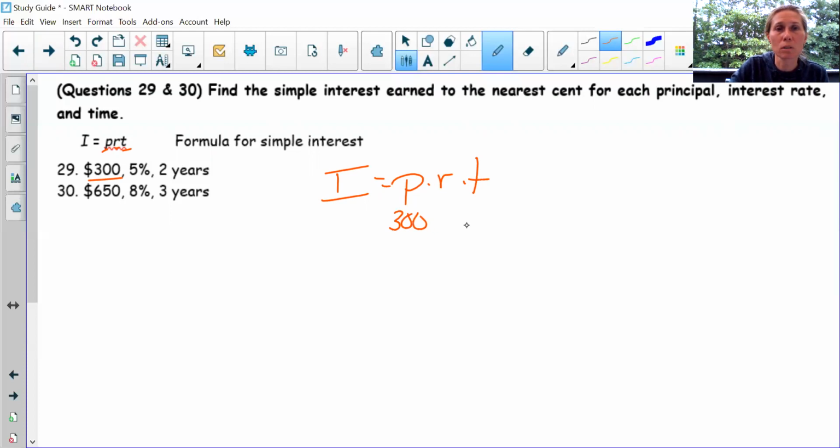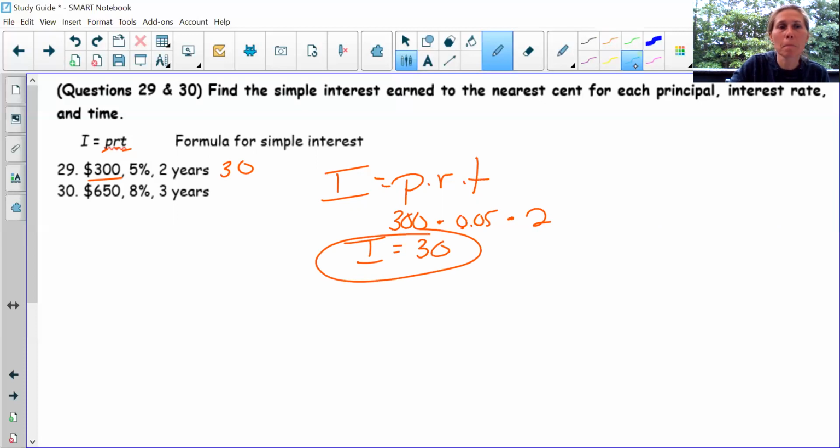Your rate is your percent, which is 5%, which is 0.05, times how long? 2 years. All right, so let's do it. $300 times 0.05 times 2 years gives you $30. You will make $30 in interest over 2 years.